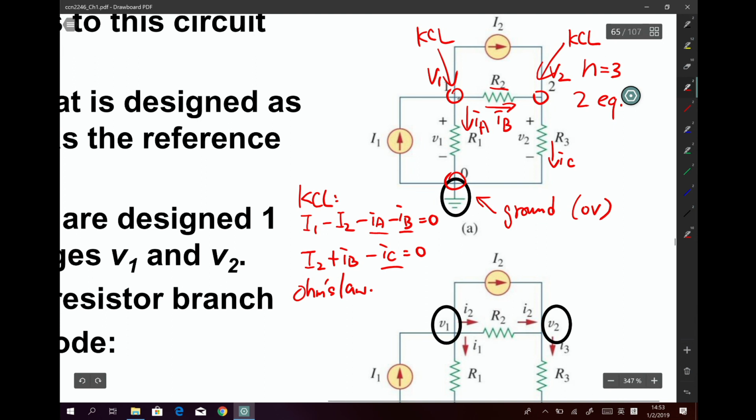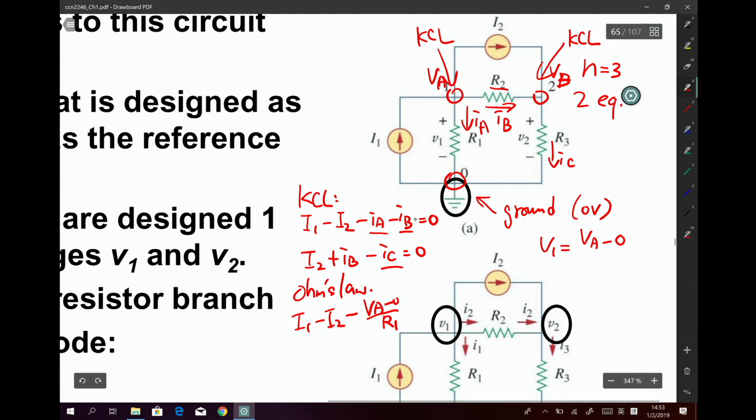Therefore, now this V1, originally, let me use VA here, it should be VA minus 0, right? Therefore, IA equal to V1 over R1 or equal to VA minus 0 over R1. So, the first equation becomes I1 minus I2 minus VA minus 0 over R1.